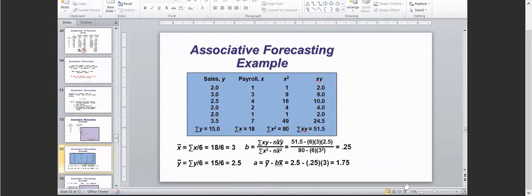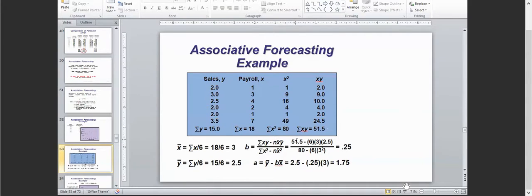So the total for the value of x multiplied by y, xy, equals 51.5. All of this data we input into the formula of b, the slope for the linear regression.